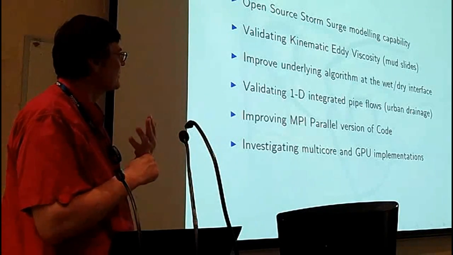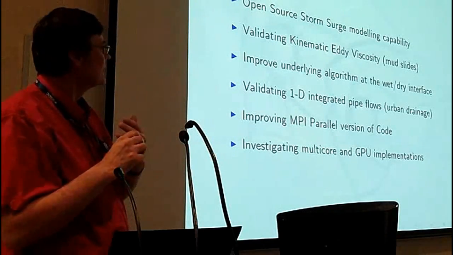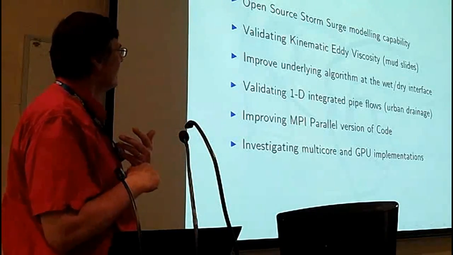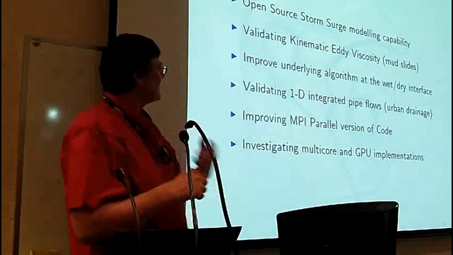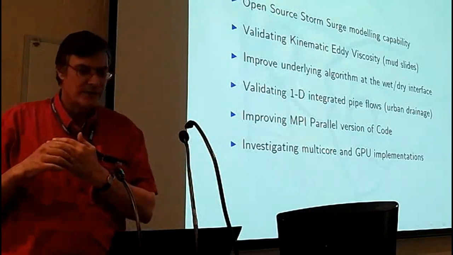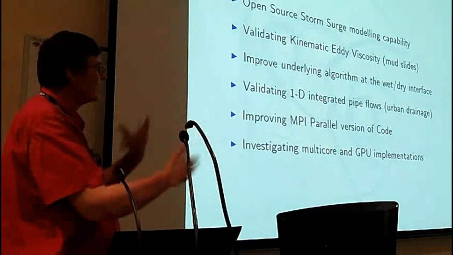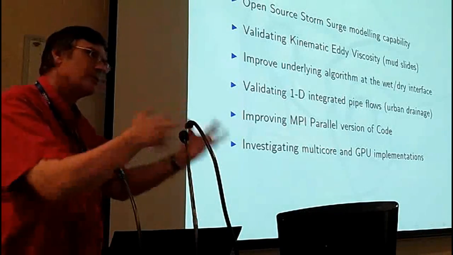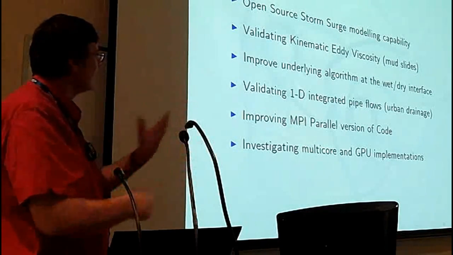So storm surge is a trickier question, a little bit harder, with lots more parameters to try and fit. We've got kinematic viscosity in there, so that means the flow is more sluggish. So maybe more like the stuff that we saw from the Japanese tsunami after it collected all the debris.